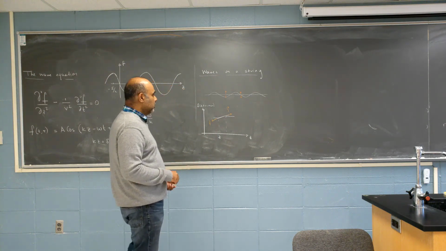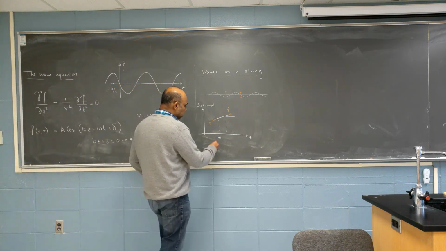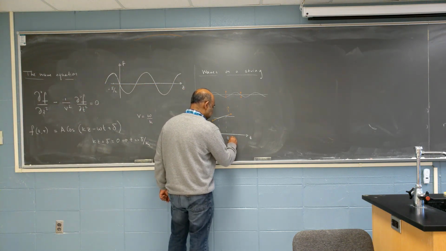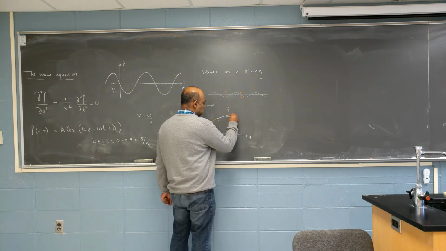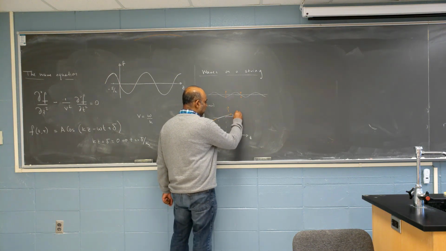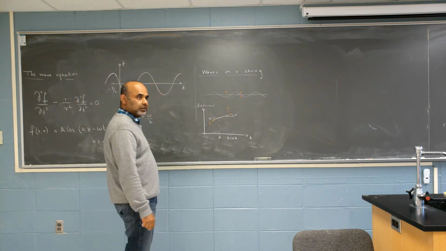The magnitudes are the same, and it makes an angle. This is the point Z plus delta Z. I will call this angle theta prime and this angle theta for the moment.